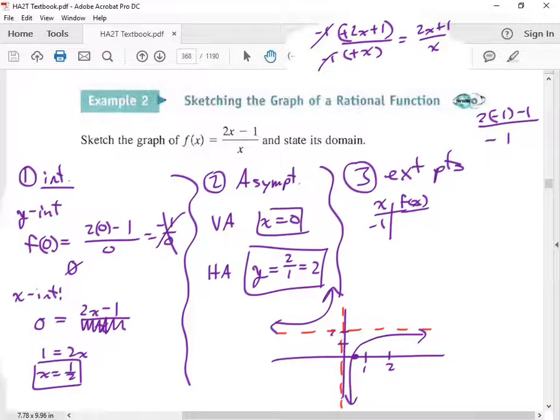So I get negative 2 minus 1, which is negative 3, divided by negative 1, and then we have 3. So we have the point (negative 1, 3), which would be above the 2. We have a 3 right here, and negative 1 would be right here. Yep, that's about right. That point's a little high, but my curve doesn't hit it exactly.